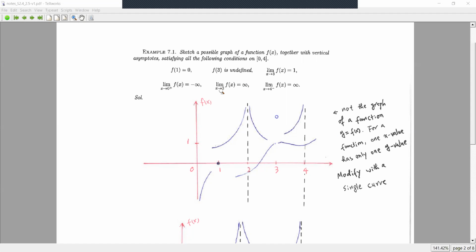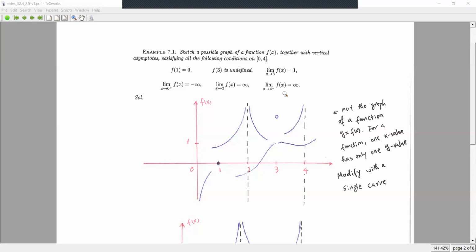As x approaches the number 2, the function approaches positive infinity. This is an infinite limit. Here, x approaches 2 from either side, and the graph goes up to positive infinity. This vertical line is a vertical asymptote.